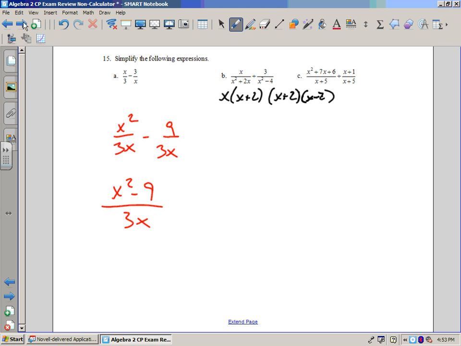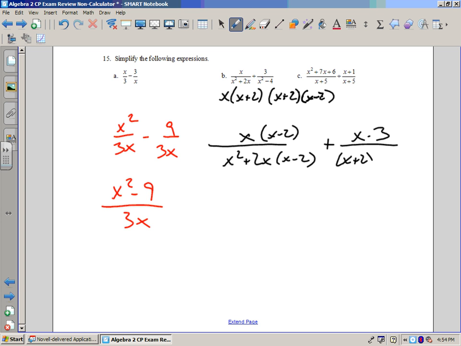I'm going to multiply the first one by x minus 2 over x minus 2, and I'm going to multiply the second one by x. So I get x times 3 over, well, I already had x plus 2, x minus 2. I'm going to multiply it by x.